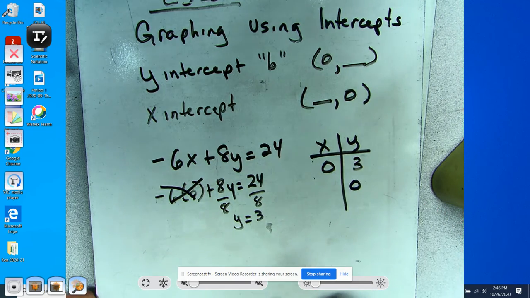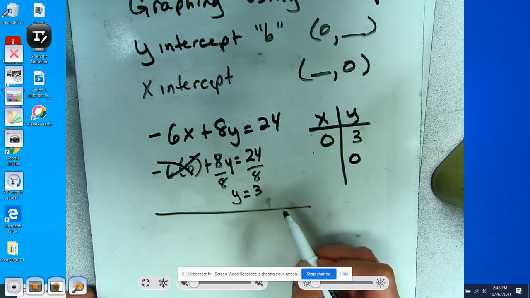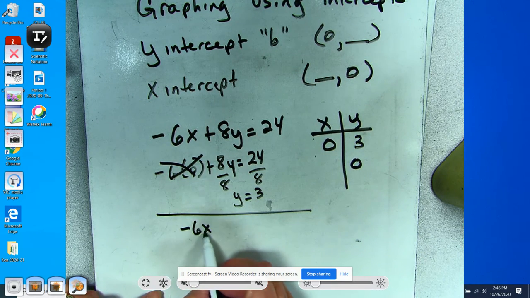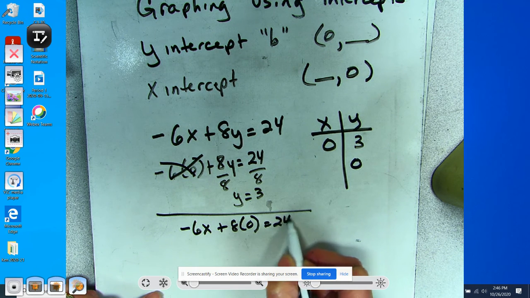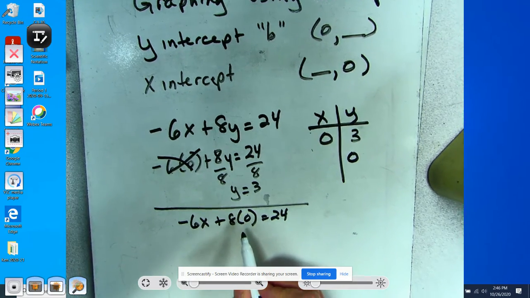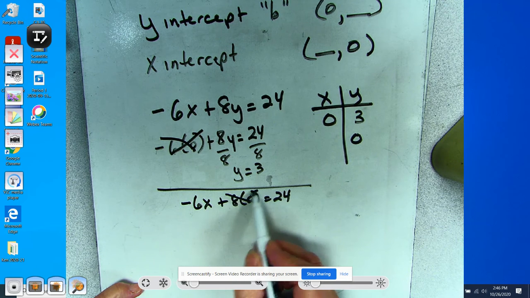So we've got this. Now we're going to go back to that same equation, and this time we're going to make y equal 0. So negative 6x plus 8y equals 24. So again, this is going to be 0 because it is being multiplied by 0. So this goes away.